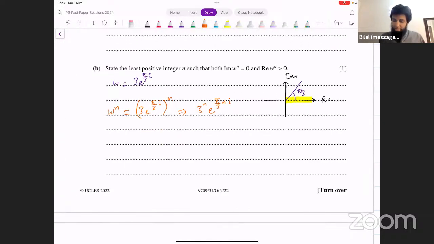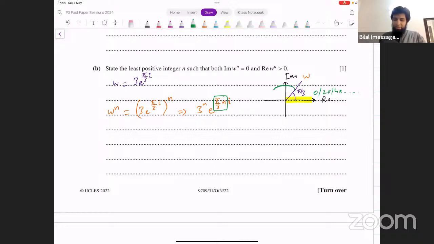How can this number w come to this horizontal line? When its argument, this part, becomes equivalent to 0, basically. When the argument becomes 0. How can the argument become 0? It's on this line, the argument, you can say it's 0, or if you go one full circle, it could be 2 pi, or it could be 4 pi, and so on.